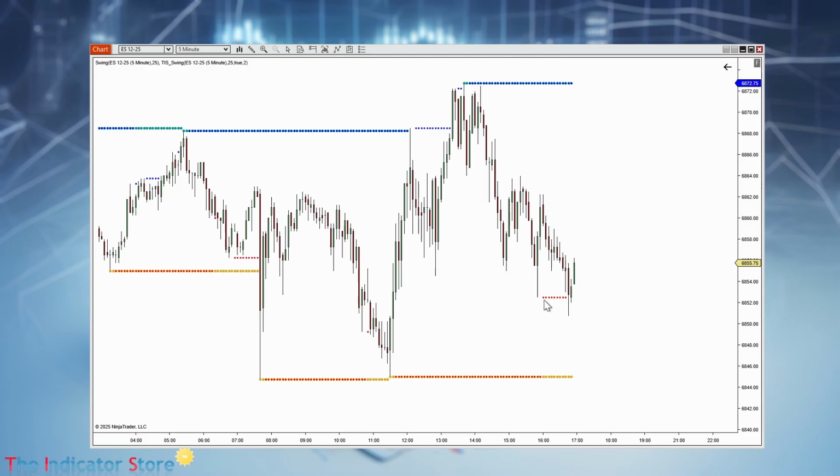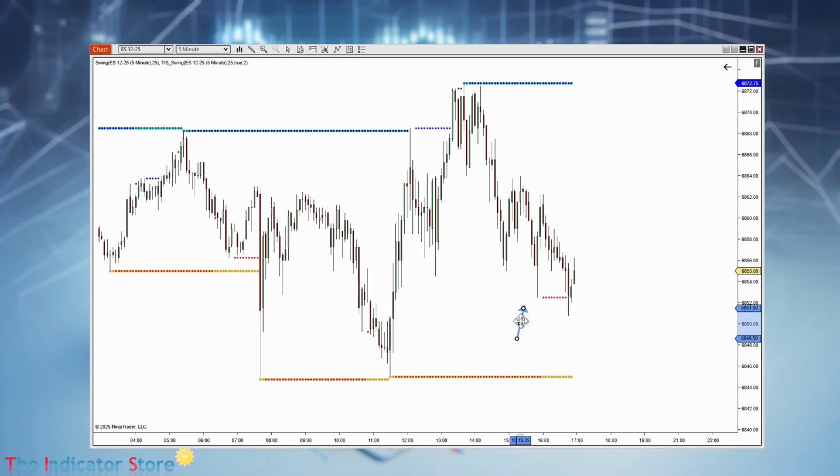And now we can see that here, this pivot, the TIS swing is showing a pivot that has 25 to the left and only 2 to the right.